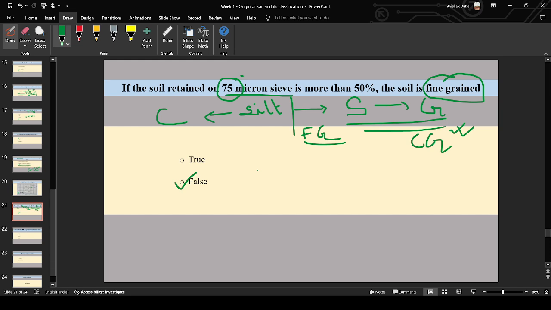So that soil will be fine grained soil. But this one, since it is retained, that means it is having a size of more than 75 micron, so it is coarse grained soil. So this 75 micron is the boundary which decides whether the soil is fine grained or coarse grained. More than this, it will be coarse grained. Less than this, it will be fine grained.